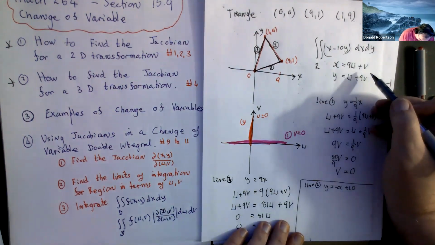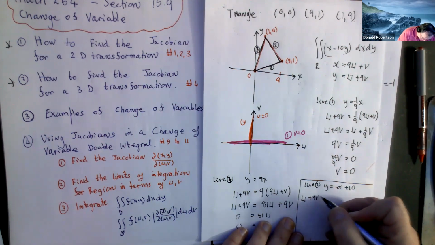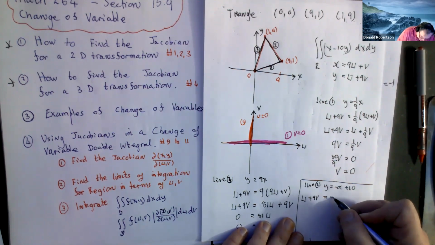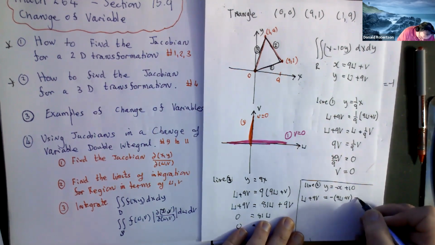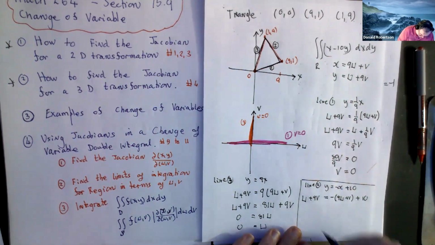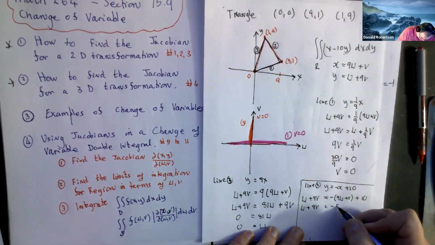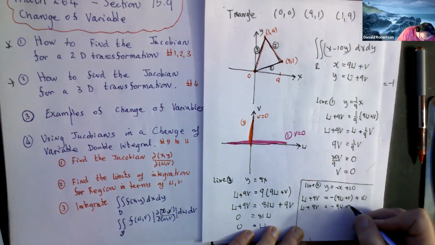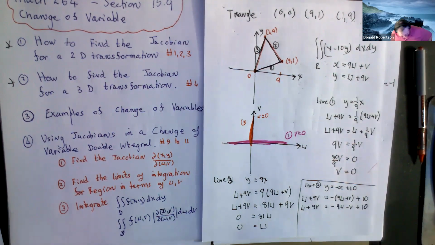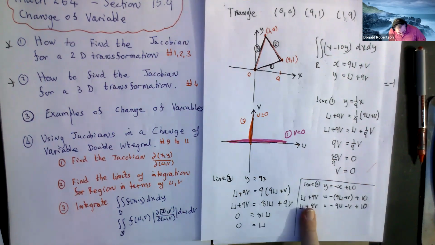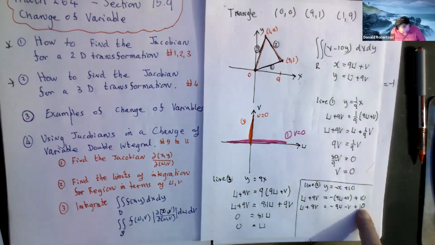I'm going to replace the y with u plus 9v, and it's going to equal -x, which is this guy, plus 10. So I want V on the left-hand side, and I want it to be V equals when I'm finished, and then all the other stuff on the right.